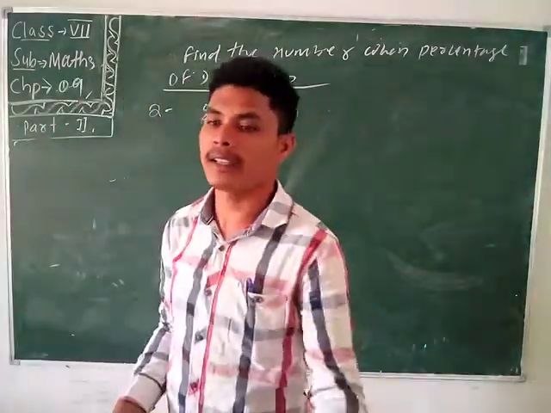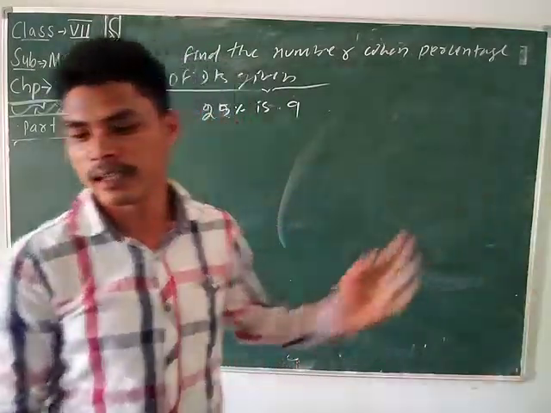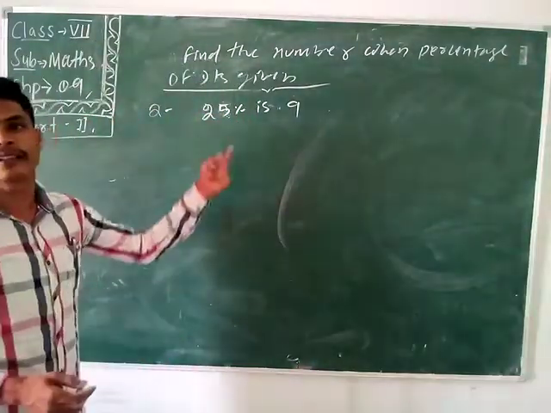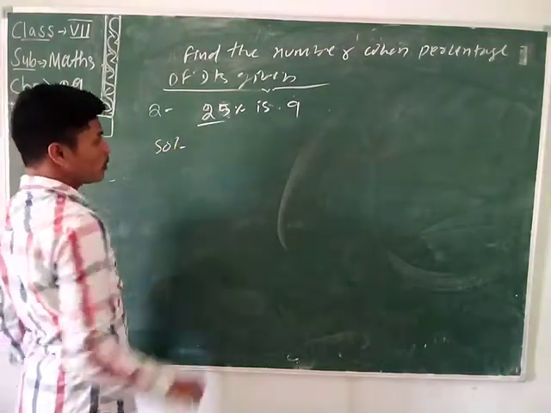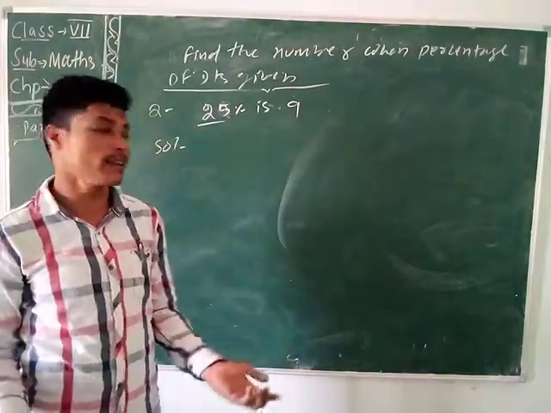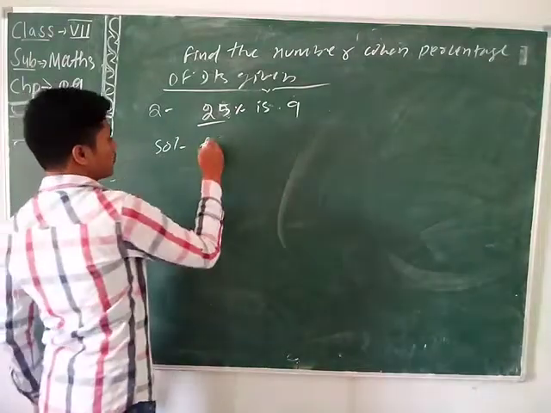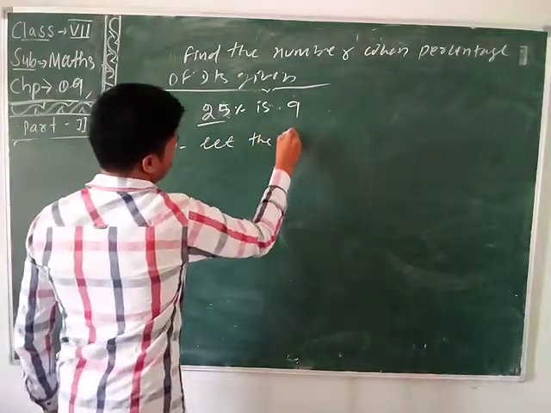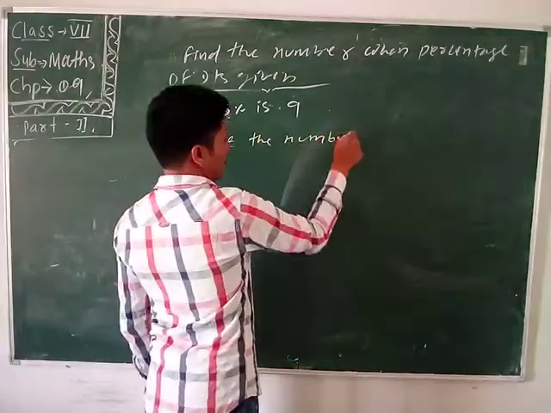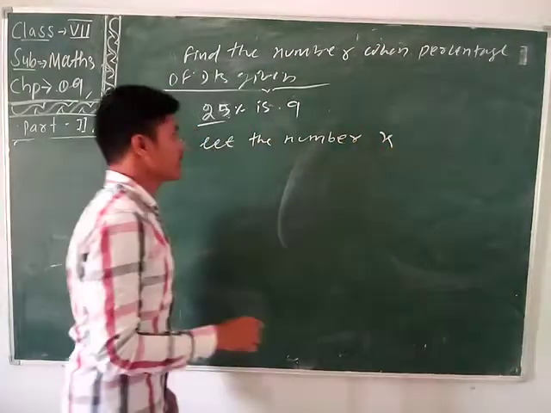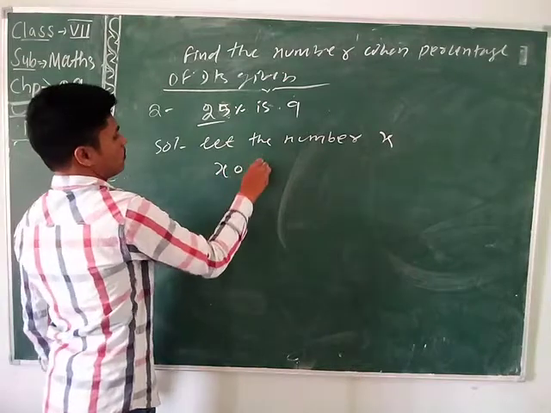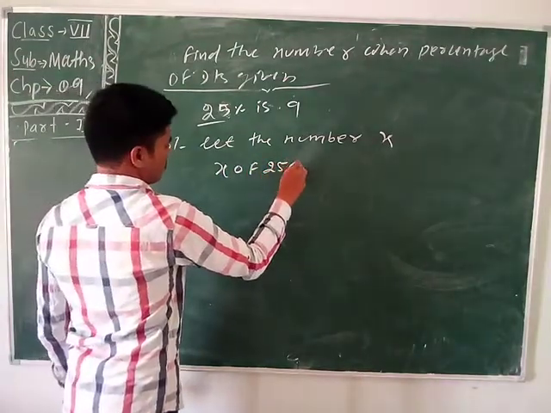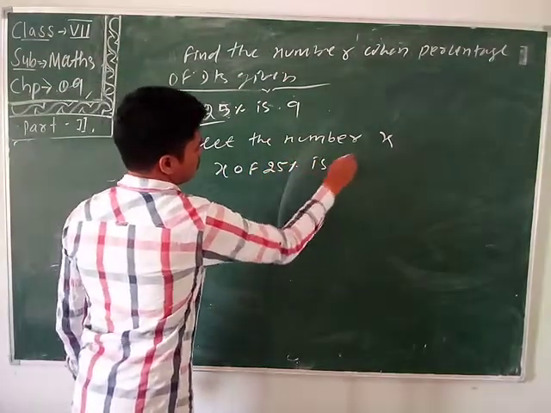We don't know the quantity, so we can find it. Let the number be x. Then we can say that x of 25% is 9.